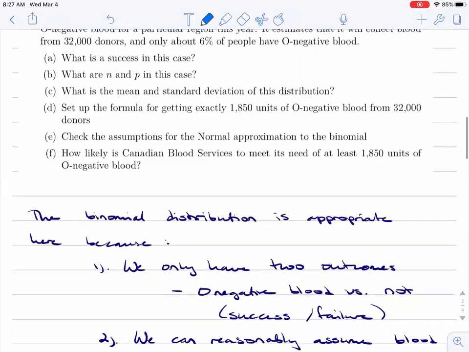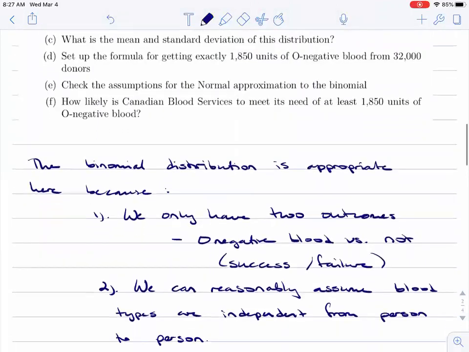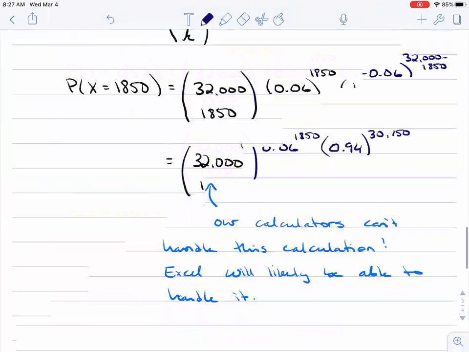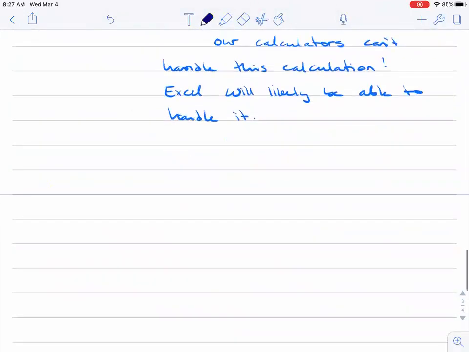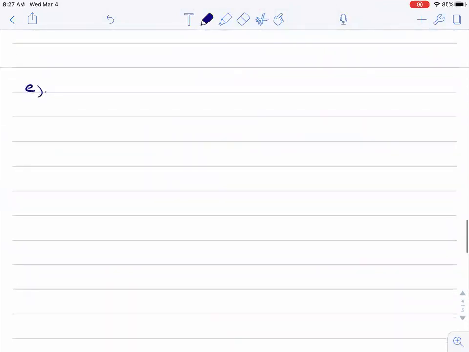Okay, so first we have to check the assumptions. And so put it on a new page. We're going to check the assumptions for a normal approximation.